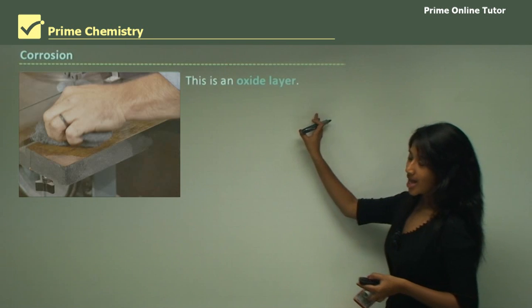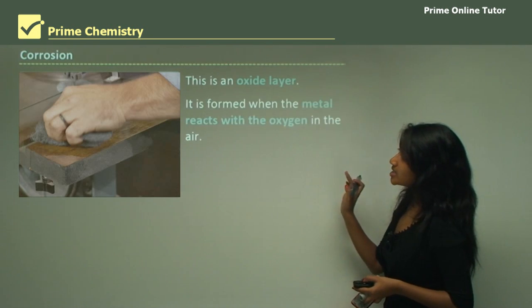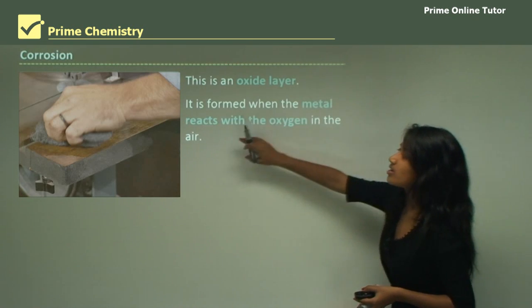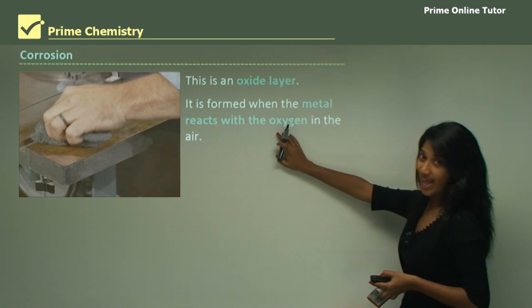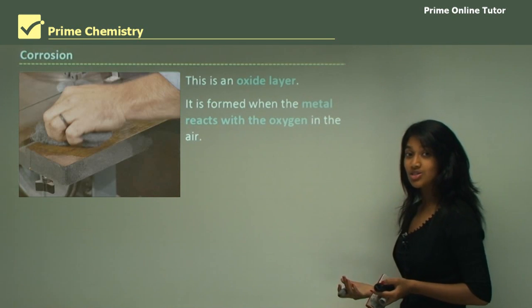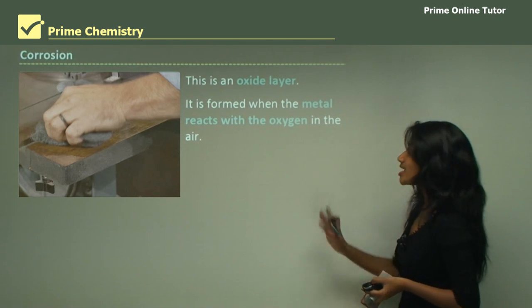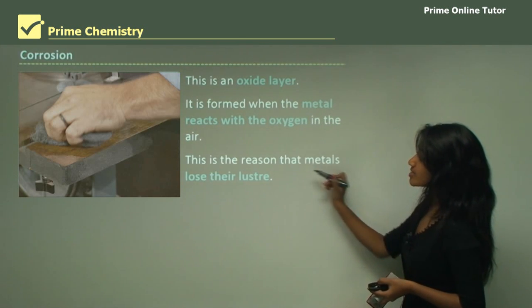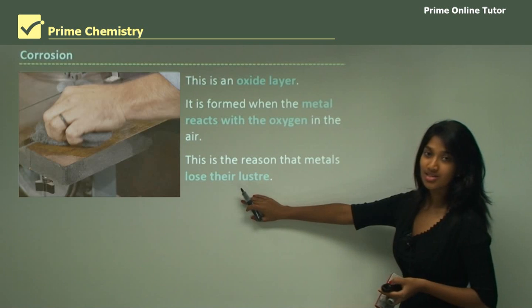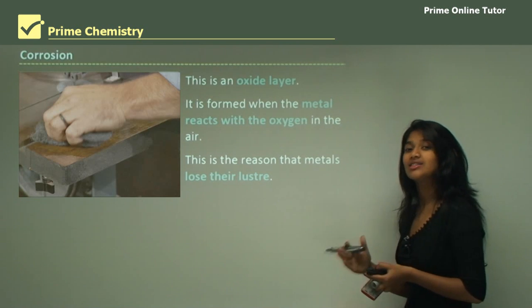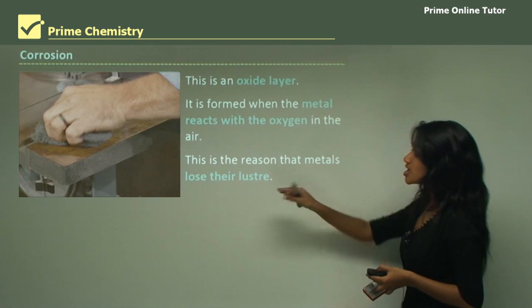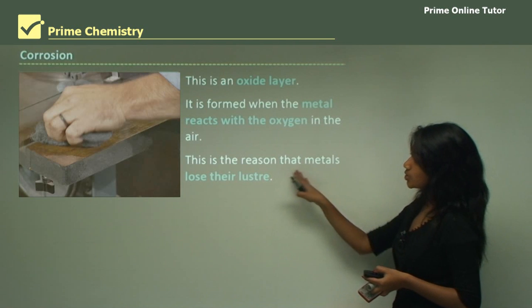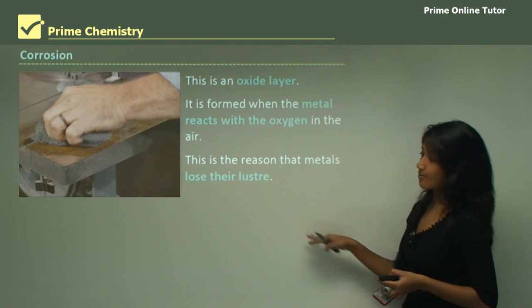This oxide layer is formed when the metal reacts with oxygen in the air, forming metal oxide. This is a reason that metals lose their luster, because usually the oxide layer is less lustrous.